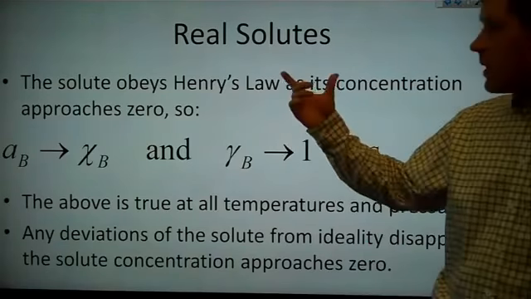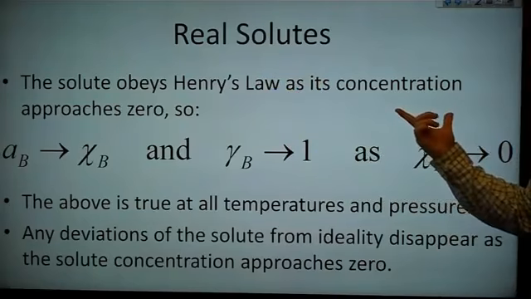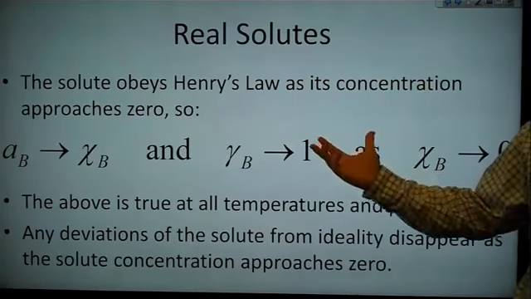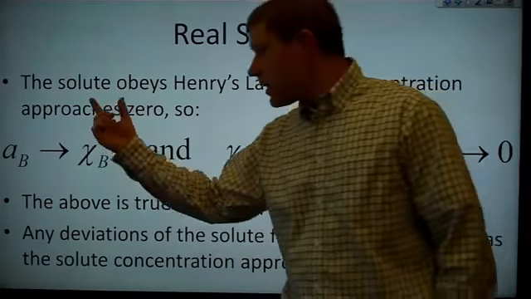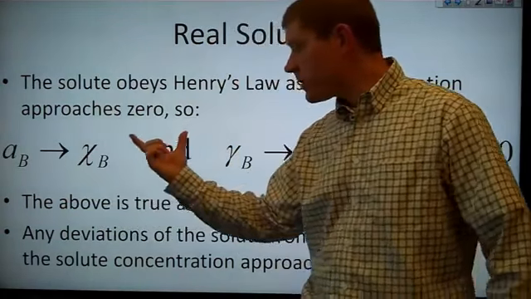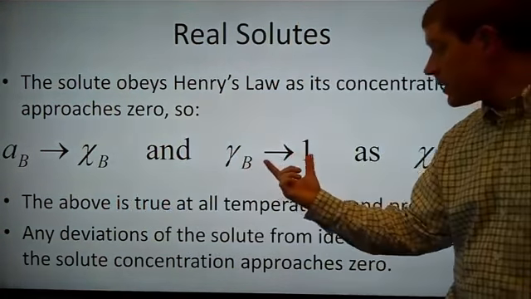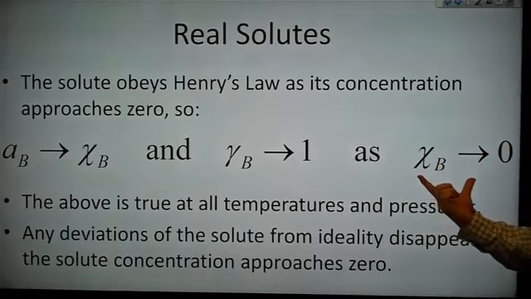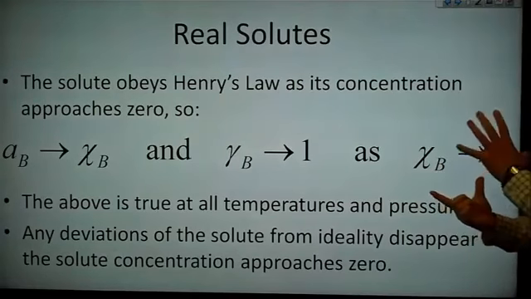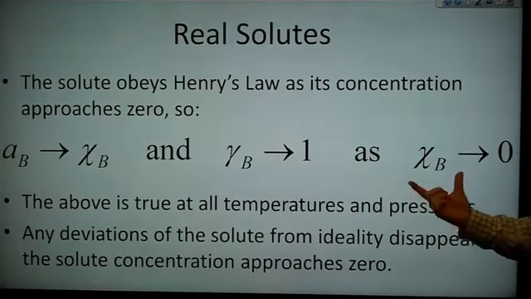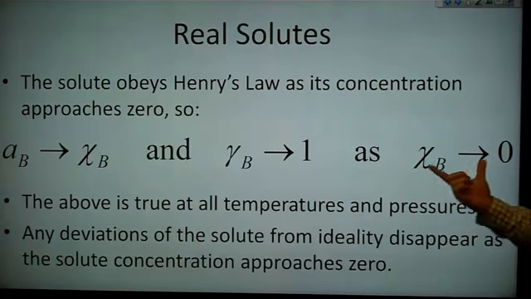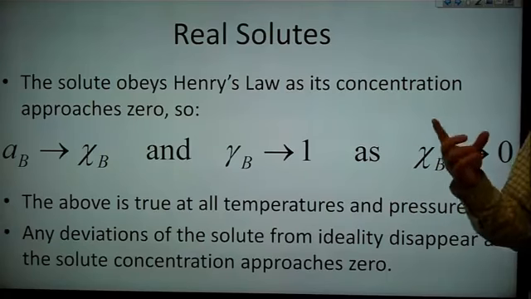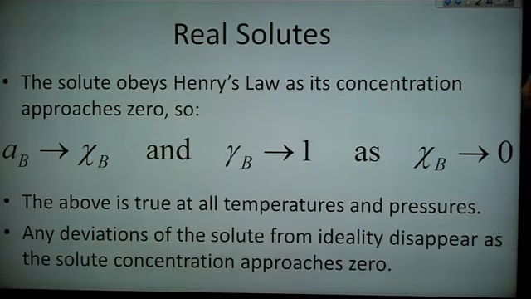And now, our solute is obeying Henry's law as its concentration approaches 0, which means that the activity of B approaches the mole fraction of B, and gamma B approaches 1 as our mole fraction goes to 0. Right? Note that this differs from our solvent because now it's as the mole fraction goes to 0 instead of, with the solvent, the mole fraction approaching 1.